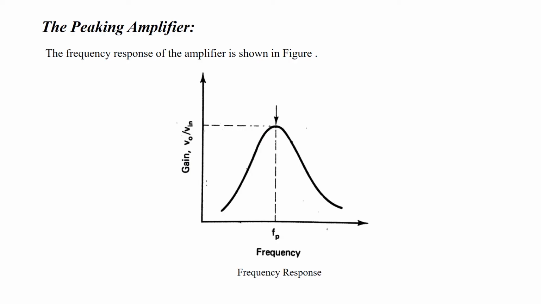The frequency response curve of the amplifier will be something like this, where Fp is the peak frequency. On the x-axis we have frequency and on the y-axis we have gain. We can see there is a single frequency Fp where the frequency response peaks.